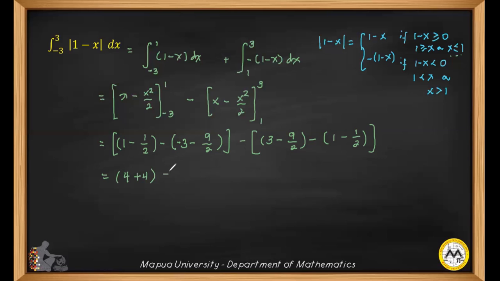Then minus, of course, 3 minus minus 1 rather is 2. And -9 over 2 minus minus 1/2 is 10 over 2, right? Which is equal to 5.